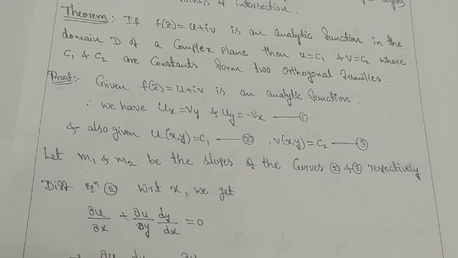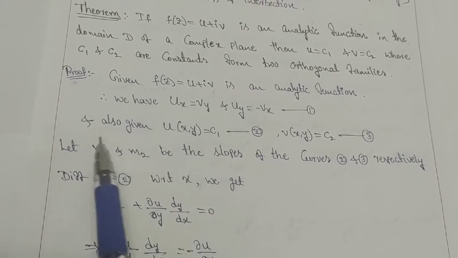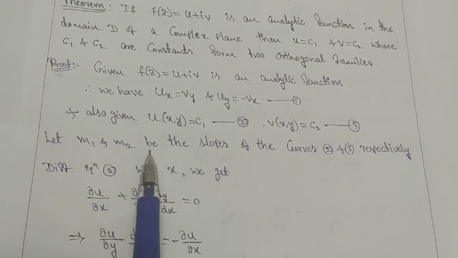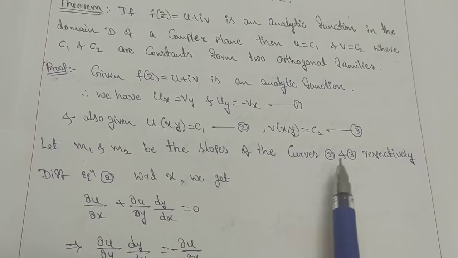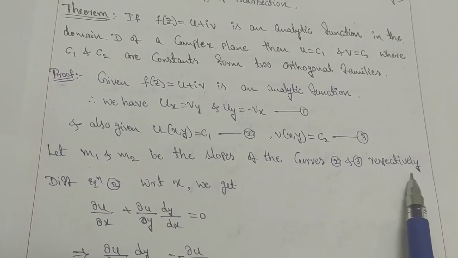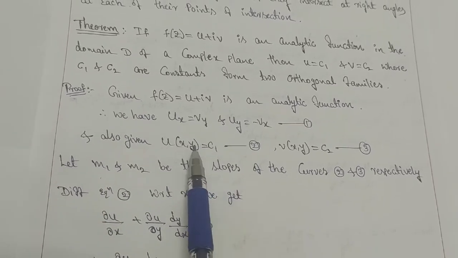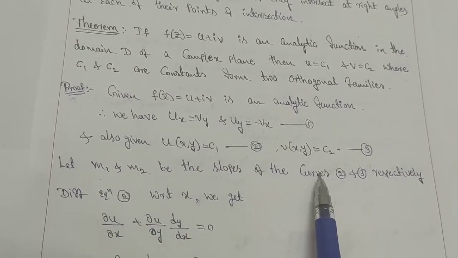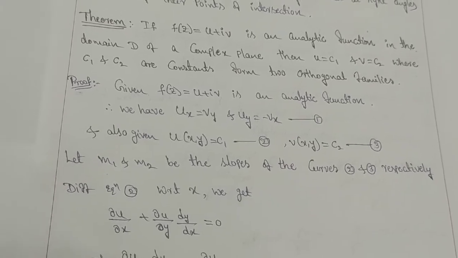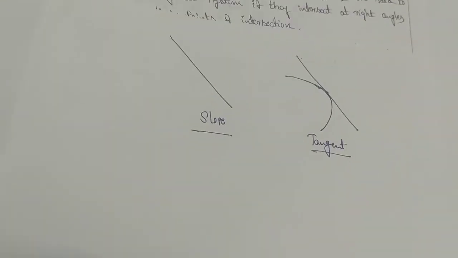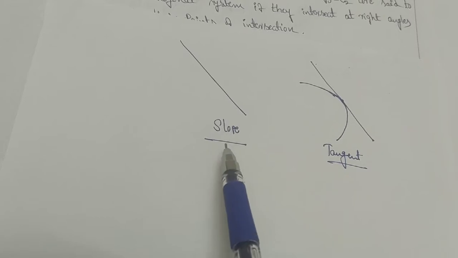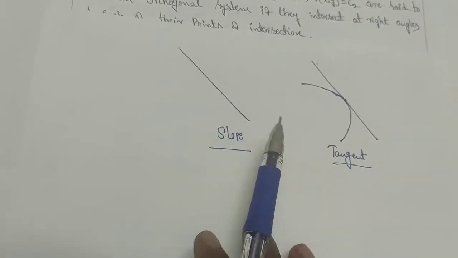To prove this one, we have to consider slopes. Consider m1 and m2 to be the slopes of the curves, equation 2 and equation 3 respectively. Respectively means m1 is the slope of equation 2 and m2 is the slope of equation 3. Then what is meant by slope? Slope means slant, a straight line having a slant.